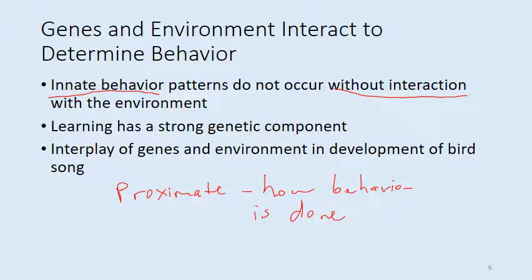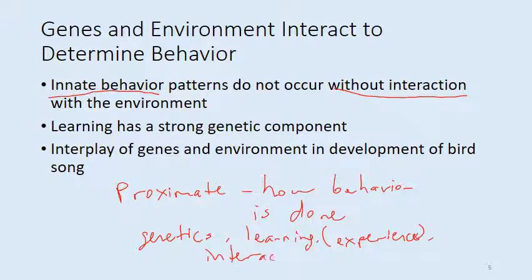And so is it based on genetics, learning, experience is what learning really refers to, and also interaction. And so all three of these are part of the proximate cause, interaction with environment.